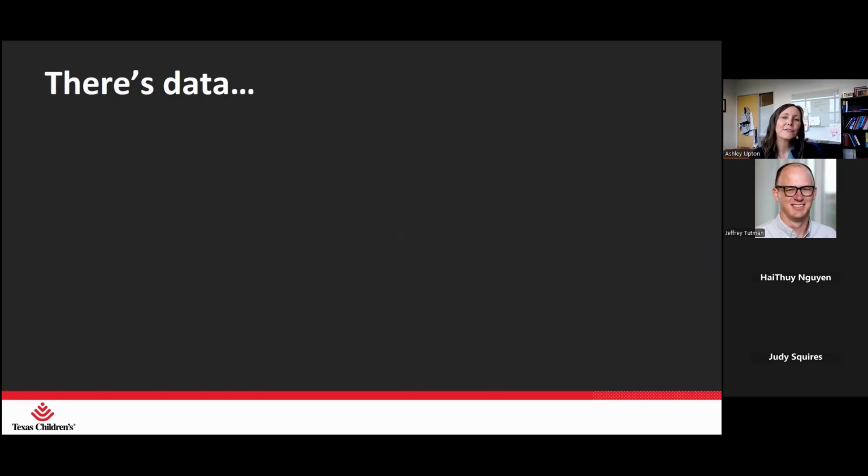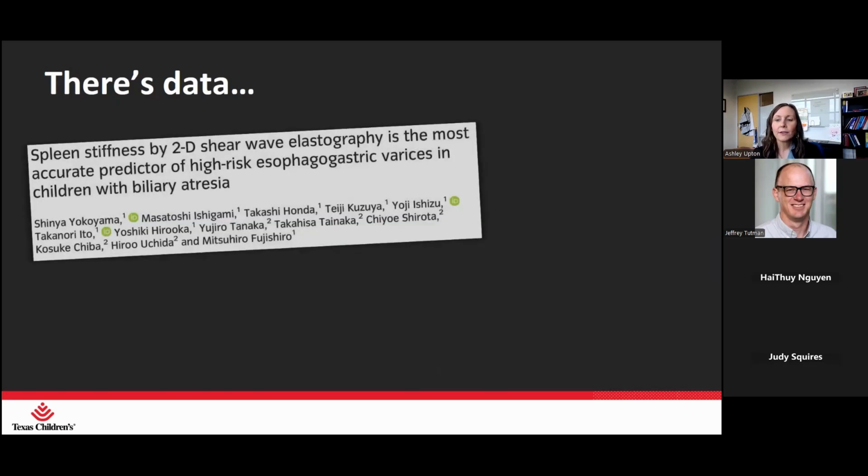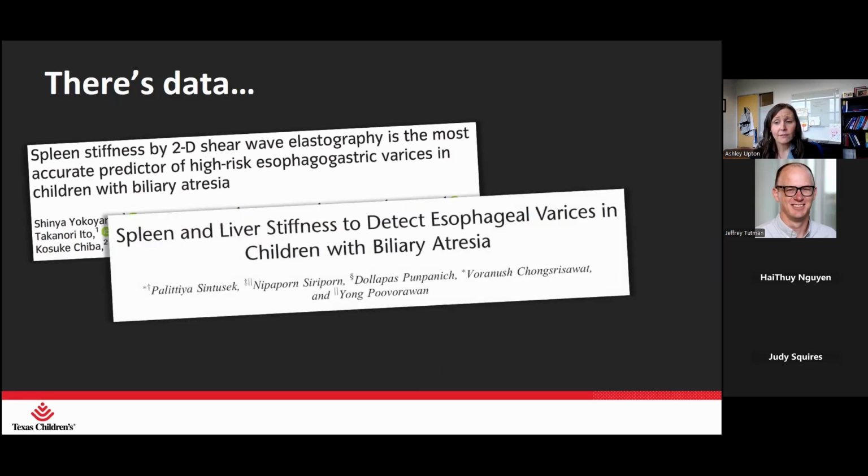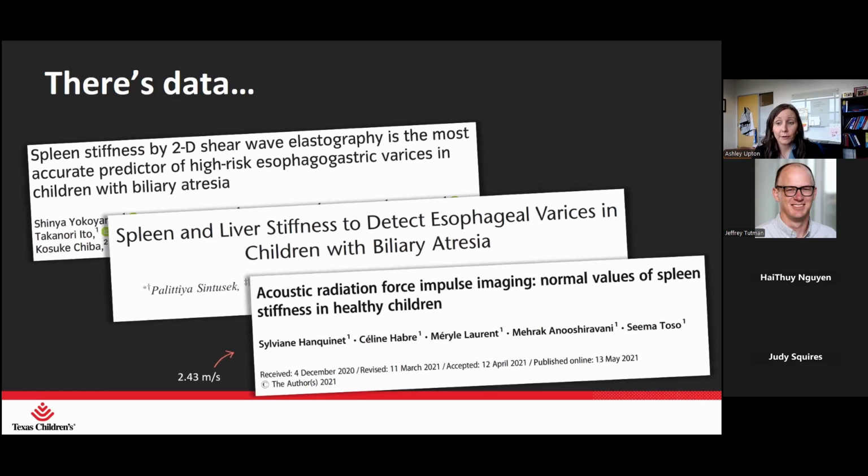Spleen elastography is fairly new, but there is some literature on it being used in the pediatric population. In fact, a somewhat recent article sought to establish normal values of spleen stiffness in pediatrics. And they came to the conclusion that in kids, the normal value was around 2.43 meters per second.